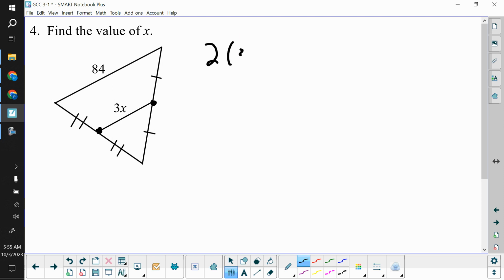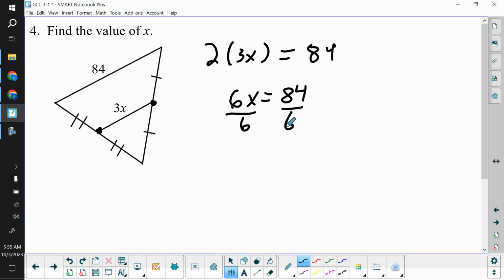So we'll do 2 times 3x, and end up equaling the third side 84. So that's 6x equals 84. If we divide both sides by 6, we would end up getting x is 14. Double check the problem. All we want to do is solve for x, so we're in good shape.